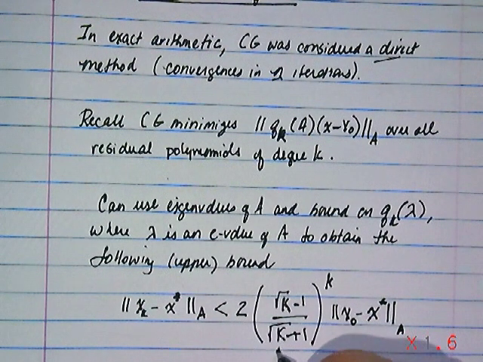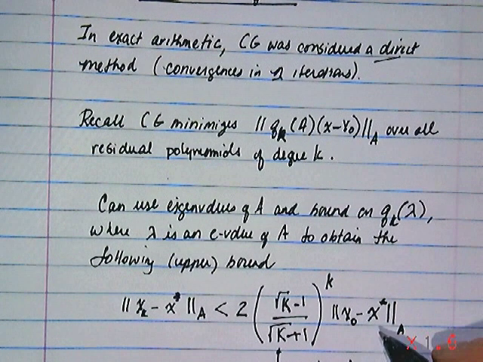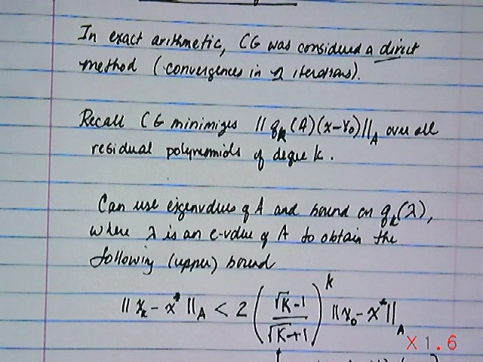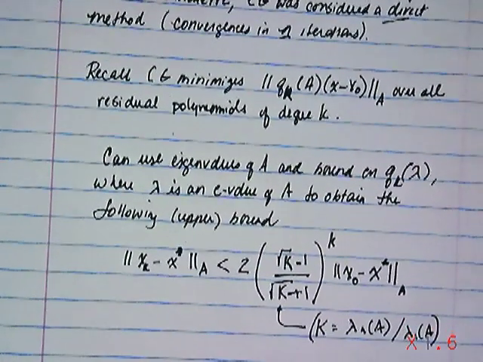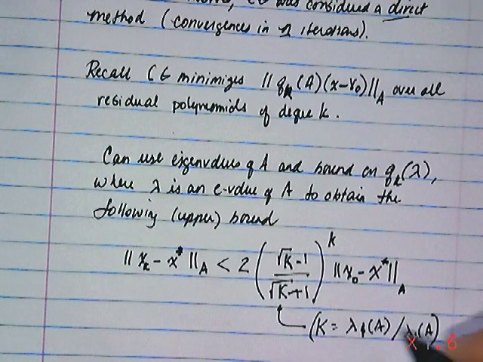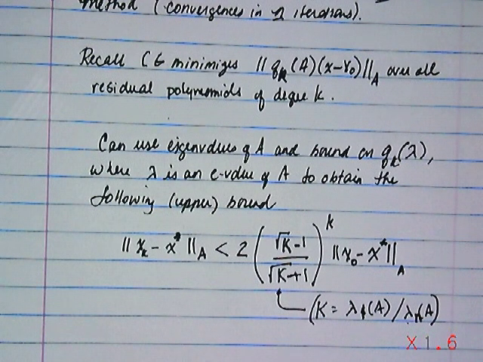And of course, this is the conditioning again. So this capital K is the separation of your eigenvalues, okay? You can look at it as how far away the largest is from the smallest, like we had before with the steepest descent.